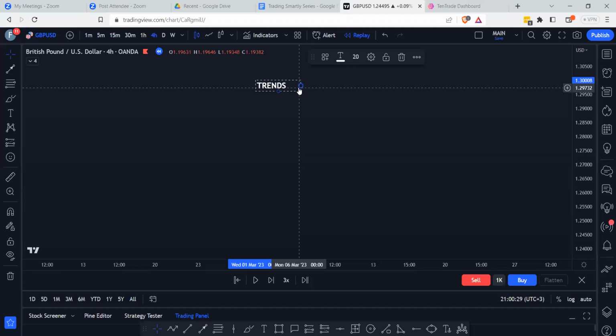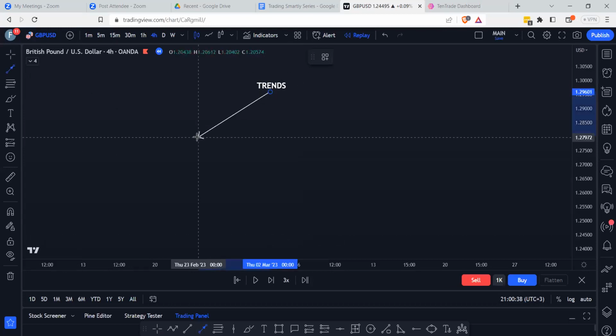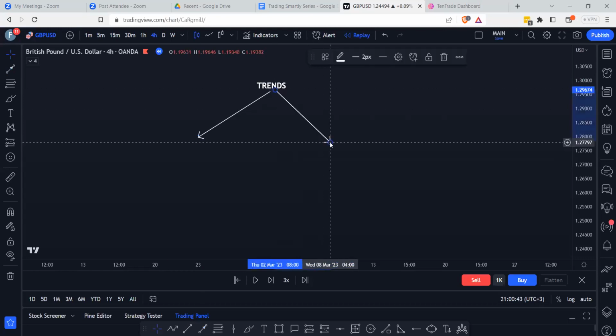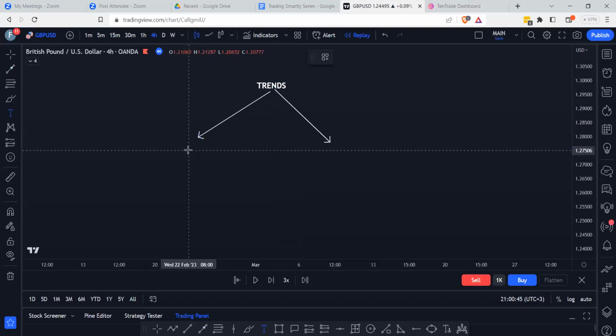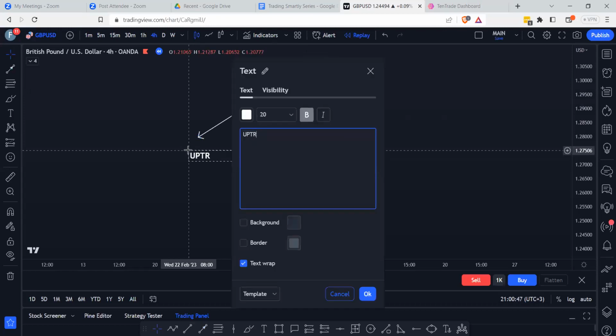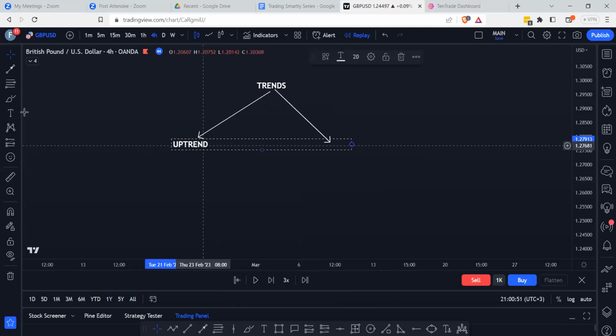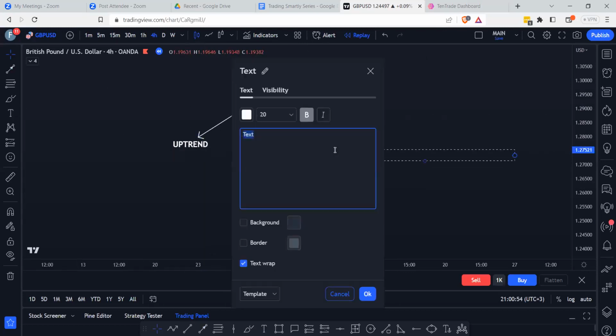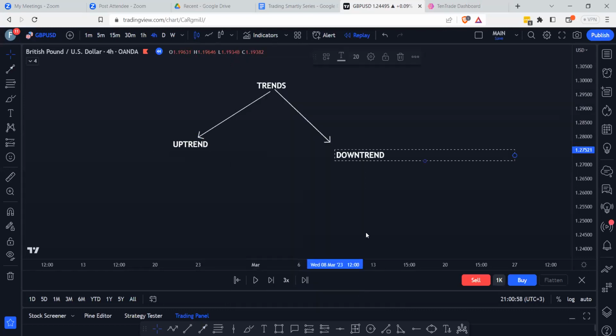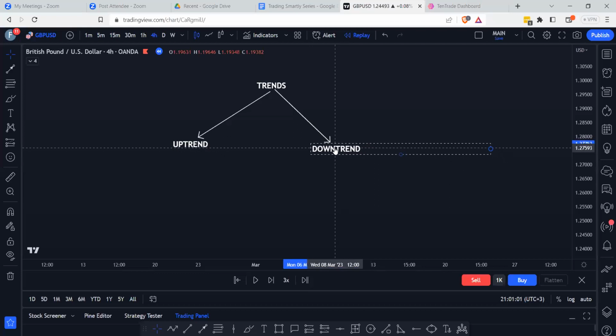All right. So that brings us to talk about trends. We have two types of trends. We have what we call the uptrend, and what we call the downtrend.